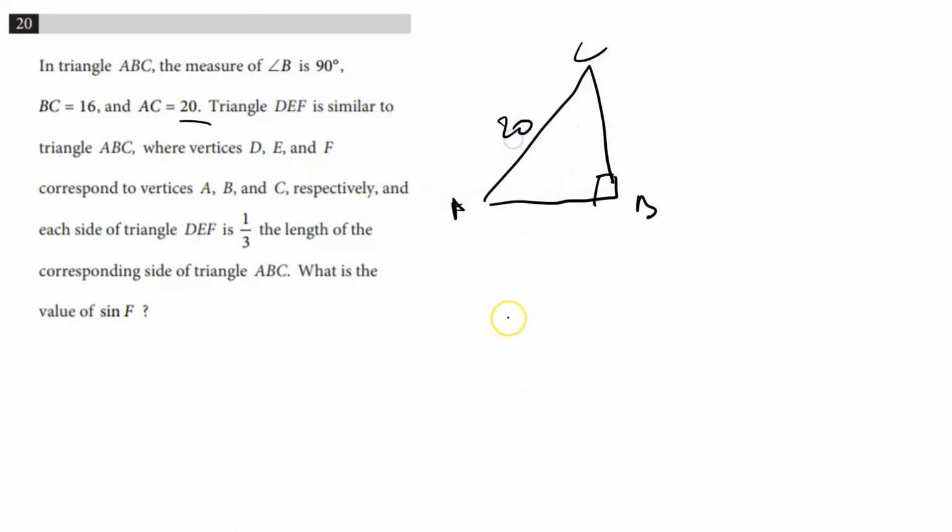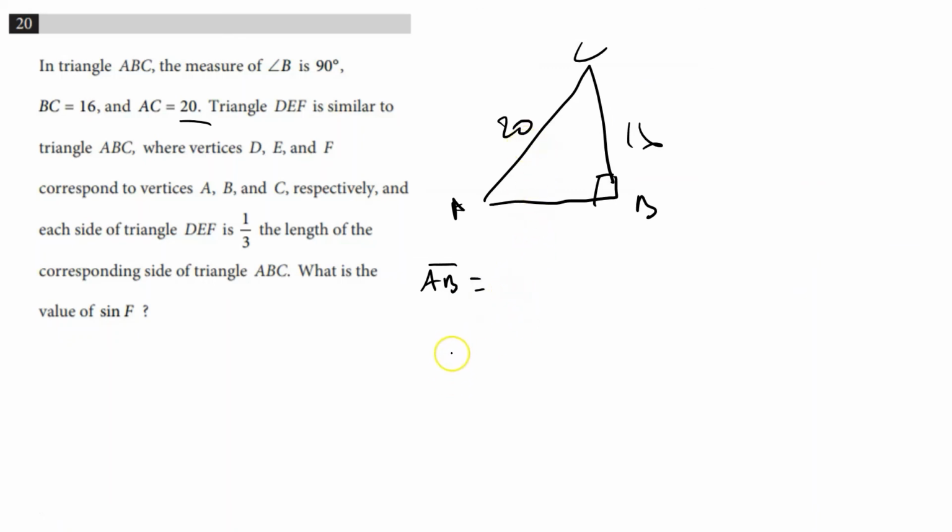And BC is 16. We want to find all the sides of this triangle, right? So how do we find length AB? We use the Pythagorean theorem that says a squared plus b squared equals c squared.